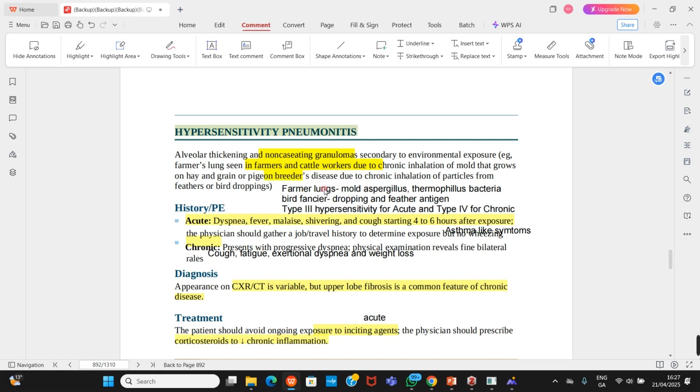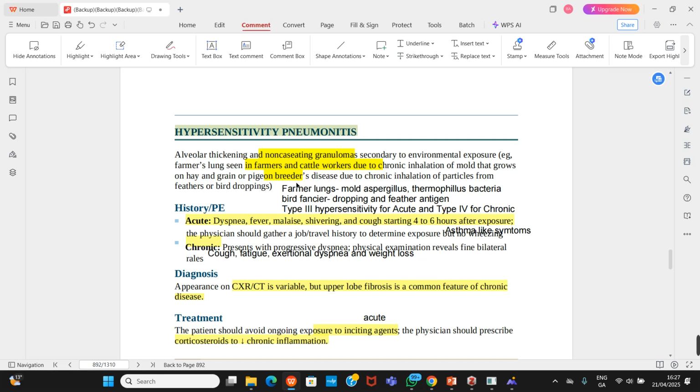They get exposed to the bird droppings and the like, so they can develop farmer's lung or bird fancier disease. Because they get exposed to the cattle droppings, the bird droppings, the mold that grows on the farm, and they develop farmer's lung or bird fancier disease.